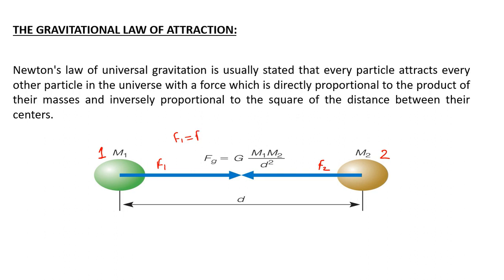F1 is equal to F2 is equal to Fg, and it is calculated as capital G m1 into m2 divided by d square. Product of their masses divided by the square of the distance between them. And this G is the universal gravitational constant.